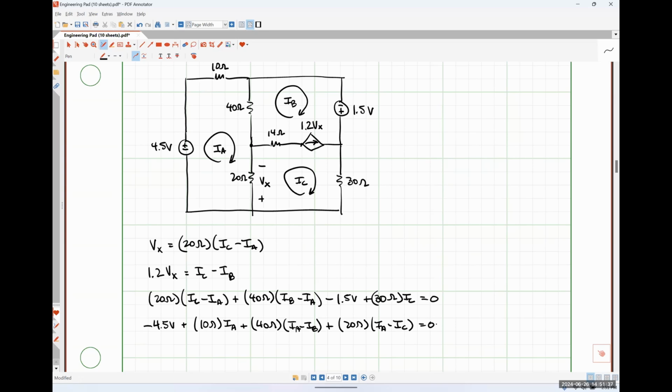As a consequence, the 14 ohm resistor isn't actually going to show up. Once again, because we know we can solve for what 1.2 Vx is, the voltage drop across the 14 ohm resistor is effectively a known quantity. It's just 14 times 1.2 Vx. So that's why we don't need it. It's not providing any new information whatsoever.